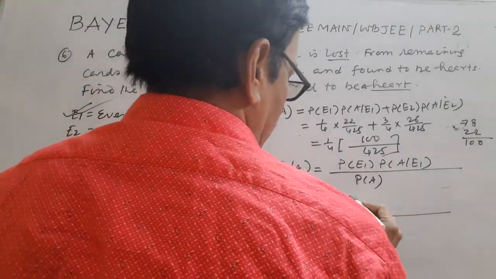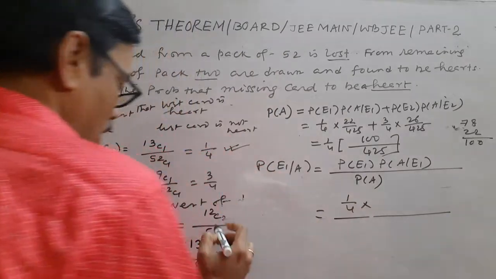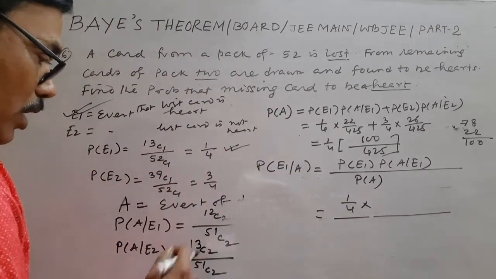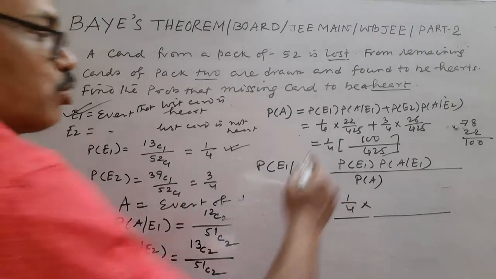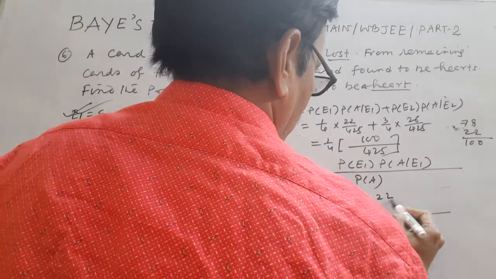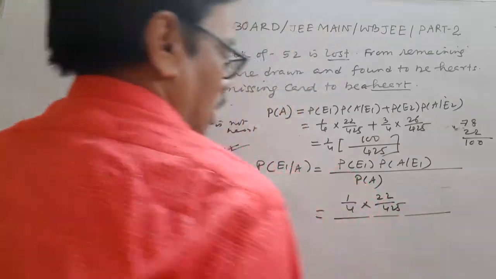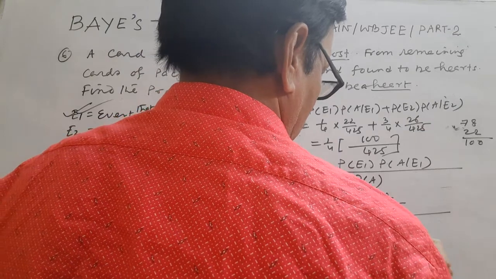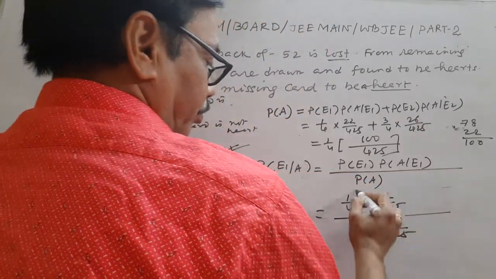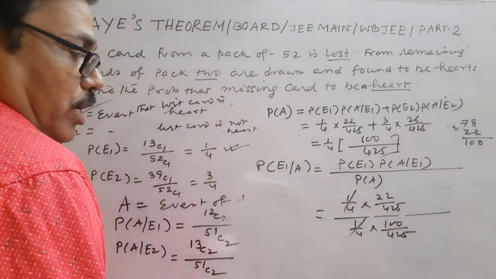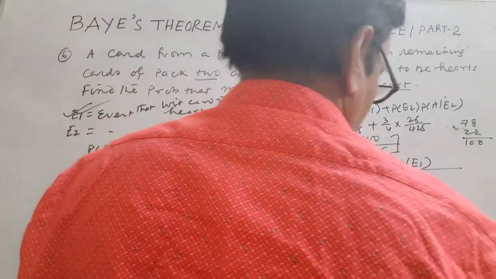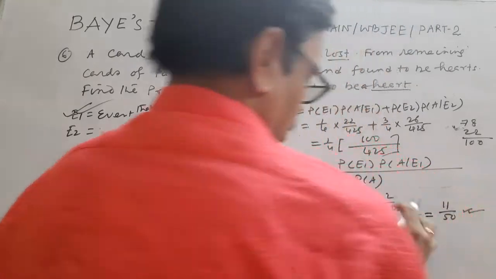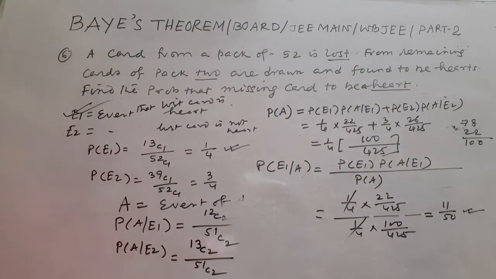So this is 1 by 4, and A by E1 is 22 by 425. And what is P(A)? 100 by 425. So 1 by 4 is cancelled out. So 22 by 100, 11 by 50.